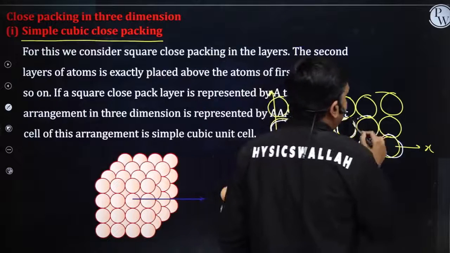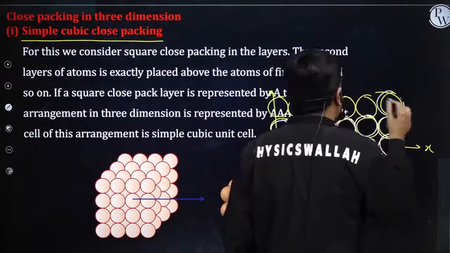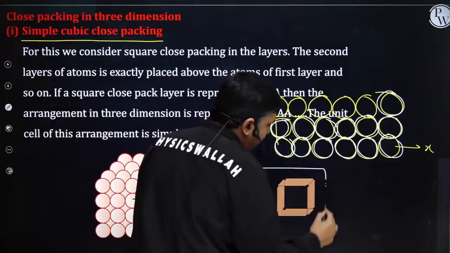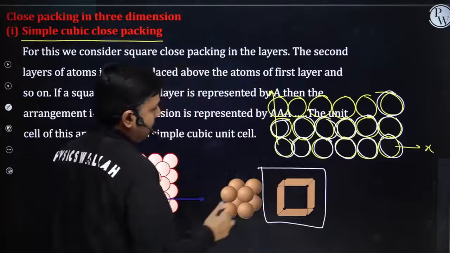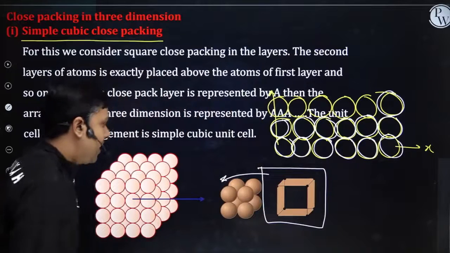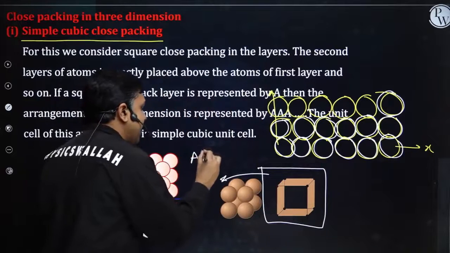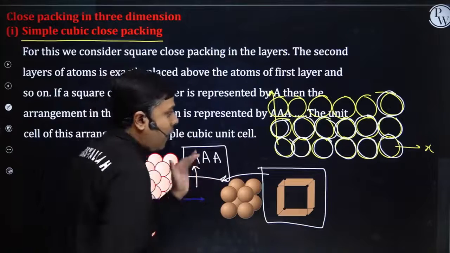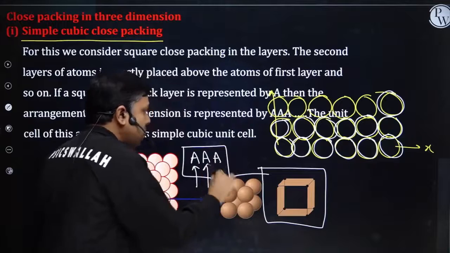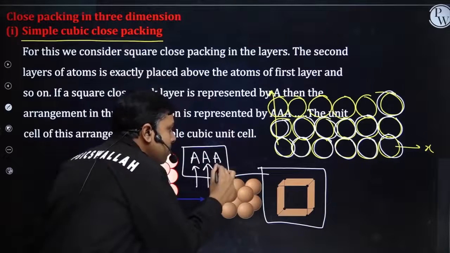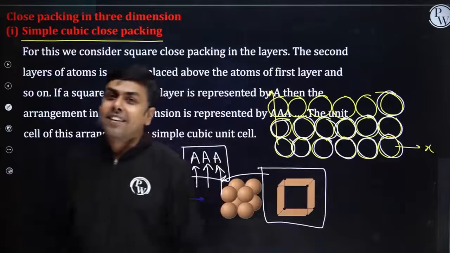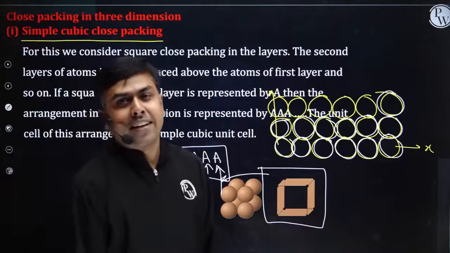The type of unit cell which we get from here is simple cubical unit cell. The type of packing which we say is AAA packing. First layer along x-axis, second layer square close packing, and after placing this third layer, AAA packing, the unit cell which we get is simple cubical close packing.